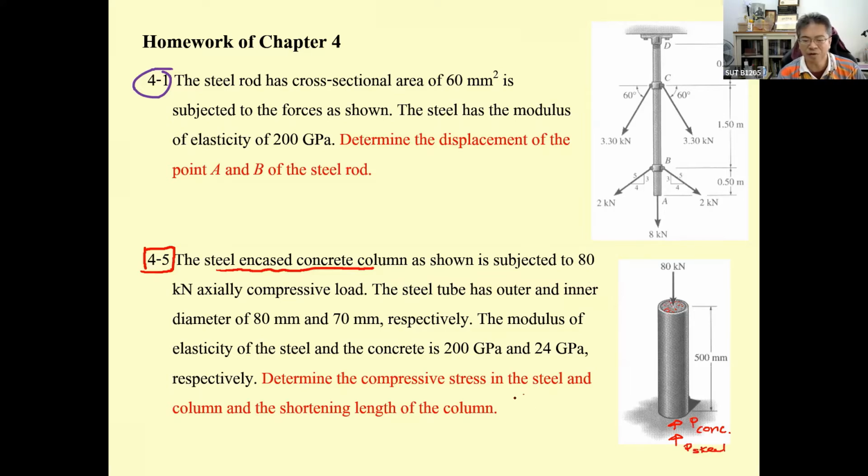So if your summation of F sub y equal to 0, upward is positive, you're going to get P concrete plus P steel equal to 80 kilonewton. And you have the summation of F sub x equal to 0. Also you have summation of moment; the force goes through the centroid of the column, and then you take the moment at the centroid. That is going to be correct.